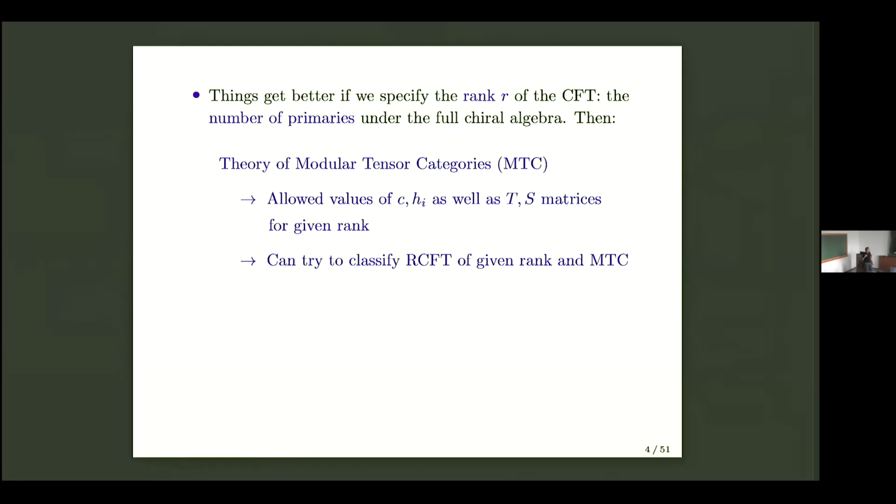When we classify these, which mathematicians have been heavily working on, we know the allowed values of C and H up to some integers, as well as the modular transformation matrices. Between that, we have what is called the data of the MTC. Now we can try to classify the rational CFTs of a given rank and each MTC one by one. I won't be going into that here because I'm not going to talk about the actual classification of CFTs in this talk.